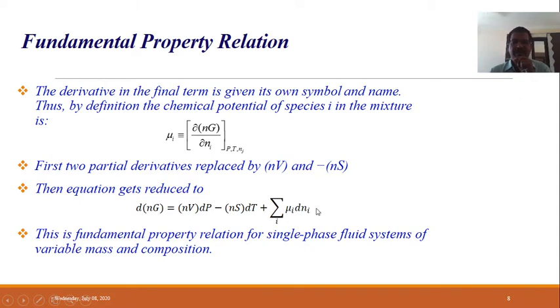So the equation is defined like this: d(NG) is equal to NV dP minus NS dT, and the del NG by del Ni term is replaced by chemical potential. So a simple fundamental property relation for a single phase fluid system with variable mass and composition is possible here.